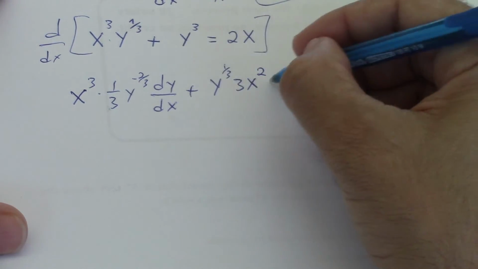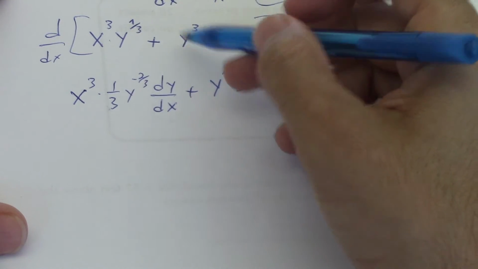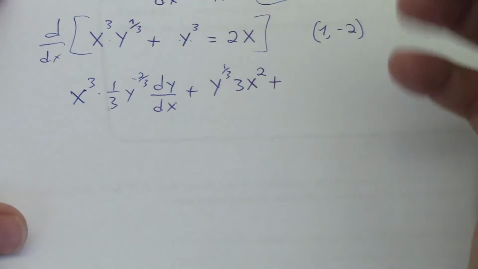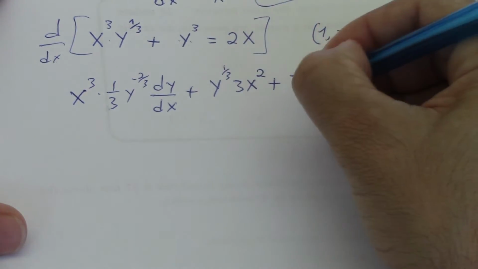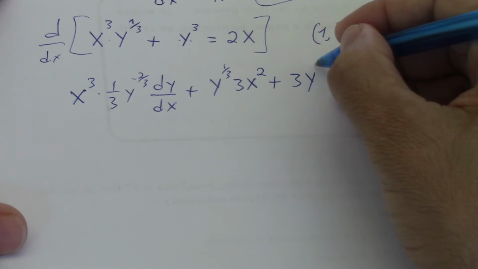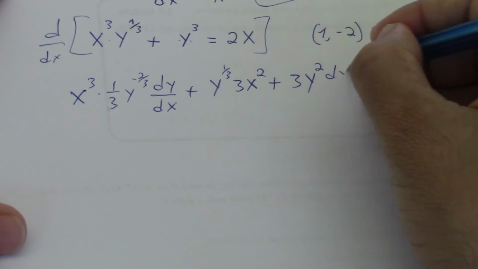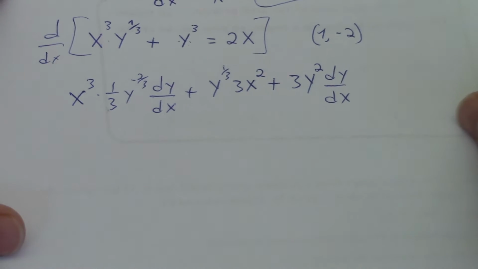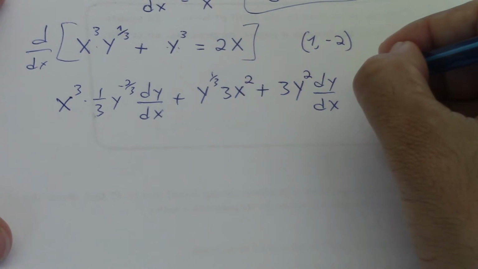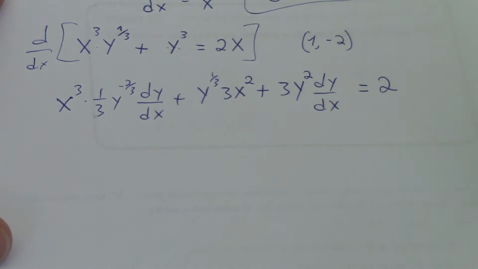Okay, now plus, because it's y and the variables disagree, we use the chain rule again, 3y squared dy/dx. Okay, now that will be equal to 2, because the derivative of 2x is just 2.